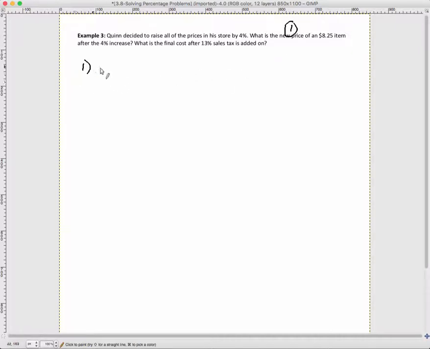So part one. Quinn decides to raise the price by 4%. So let's go ahead and find out what 4% is. Let's say let P represent the increase in price. So that's going to be our increase in price.